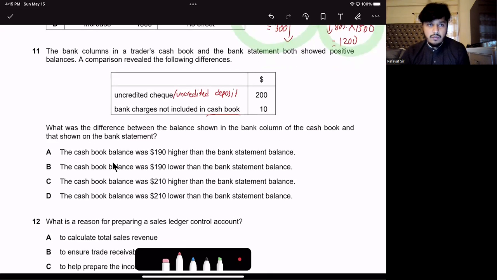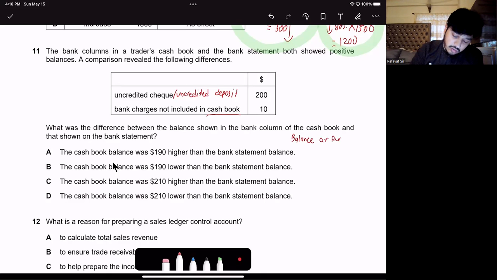So let's do a bank reconciliation statement, shall we? It will start with balance as per bank statement, obviously.